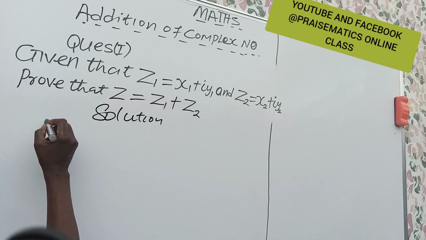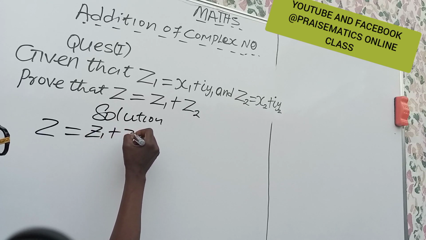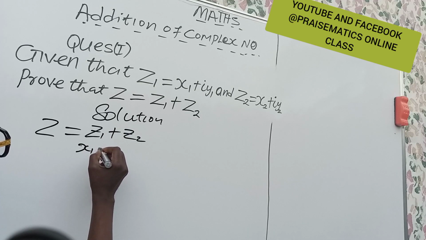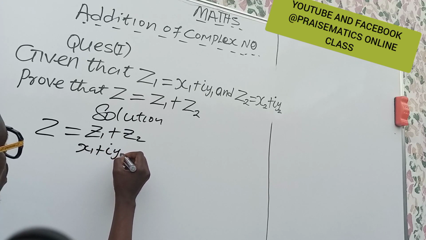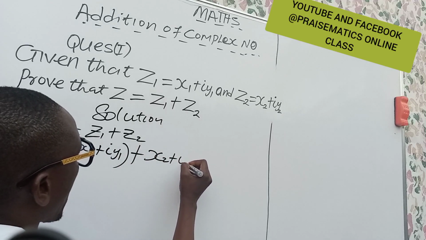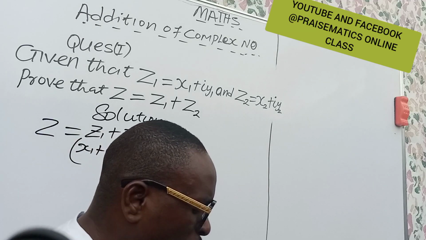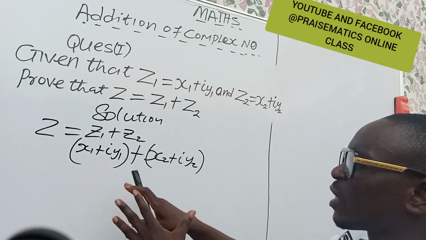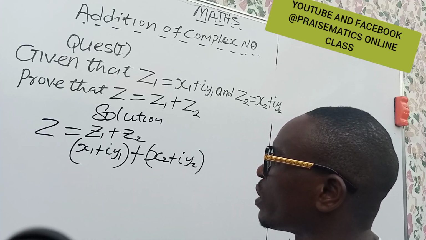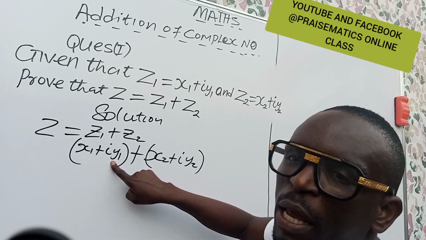In solving this, recall that z is equal to z1 plus z2, and z1, from this place they told us, is x1 plus i y1, bracket, plus x2 plus i y2. What do we do now? Whenever you want to add a complex number to another complex number, we say that a complex number is the summation of real part and imaginary part.